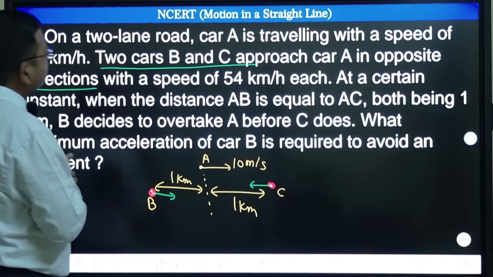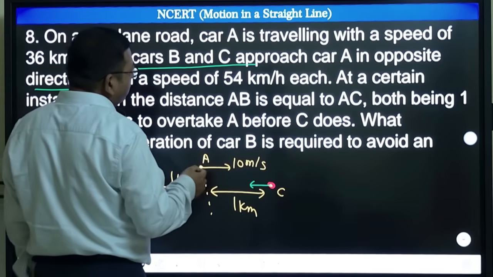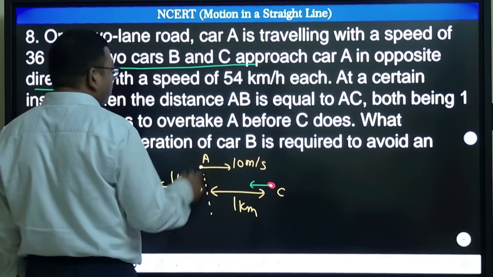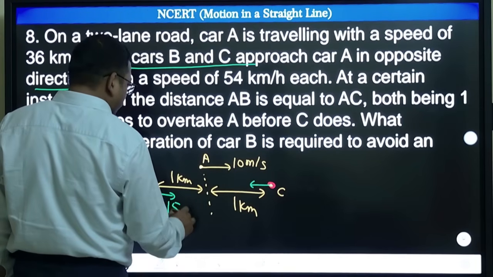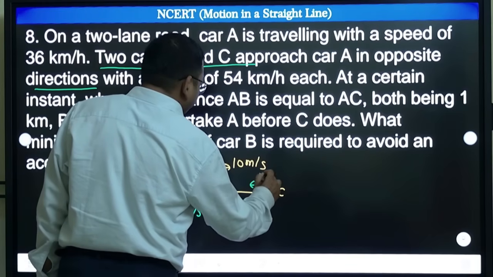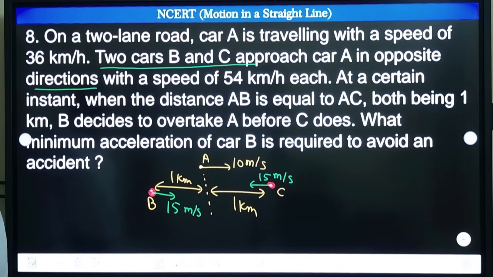And what is the speed they are going? 54 kilometer per hour. So again, 5 by 18 you do, 18 into 3, 3 into 5, 15, right? So it is going with 15 meter per second. This is also moving with 15 meter per second. Okay, then what minimum acceleration car B is required to avoid an accident?